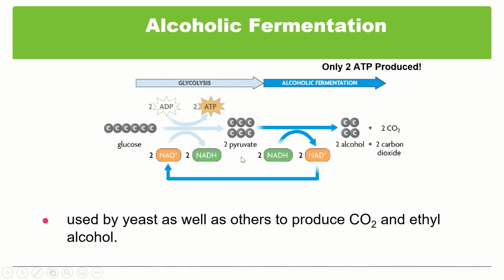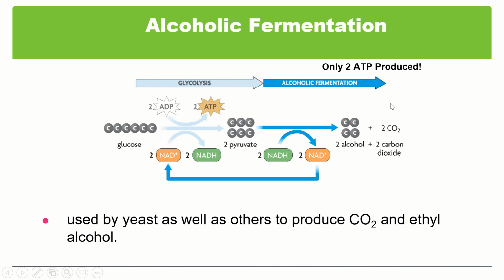you're left with pyruvate. And then in alcoholic fermentation, you change that pyruvate into ethyl alcohol, which you'll notice only has 2 carbons. So you break off a carbon, which means that carbon is released as carbon dioxide. And in this process, you use up the NADH so that the NAD plus can be recycled back and get recharged into glycolysis, and you also get your 2 ATP.